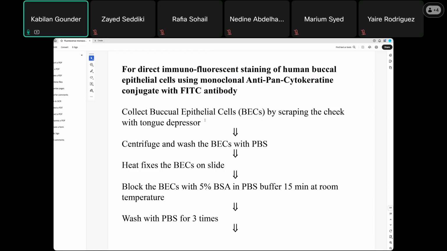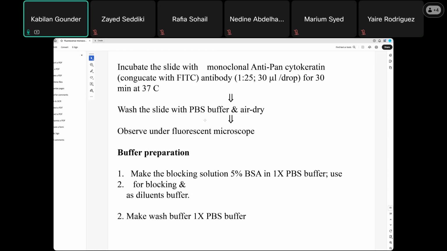So non-specific proteins would otherwise bind, and when you use this, it will avoid that. Once you block the buccal epithelial cells, you wash again with PBS three times. Now we have a monoclonal anti-pan cytokeratin antibody already conjugated with FITC.